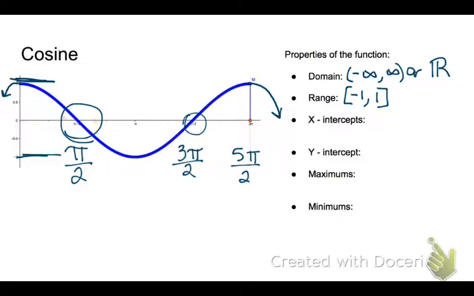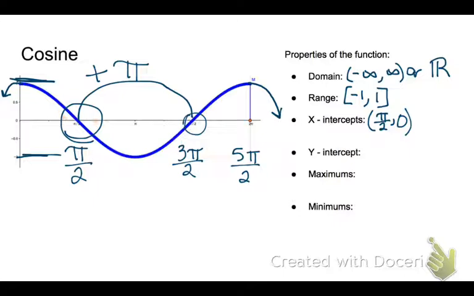There's a pattern with all of these x-intercepts. They happen at pi over 2, and then 1 pi distance later. So how we write that, the first x-intercept happens at pi over 2, 0.